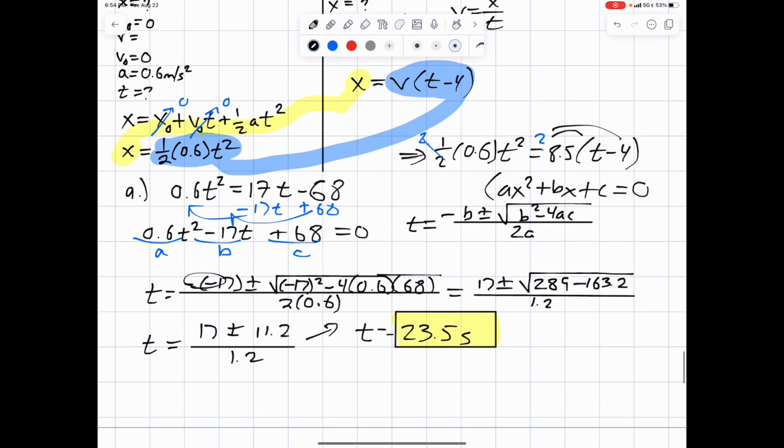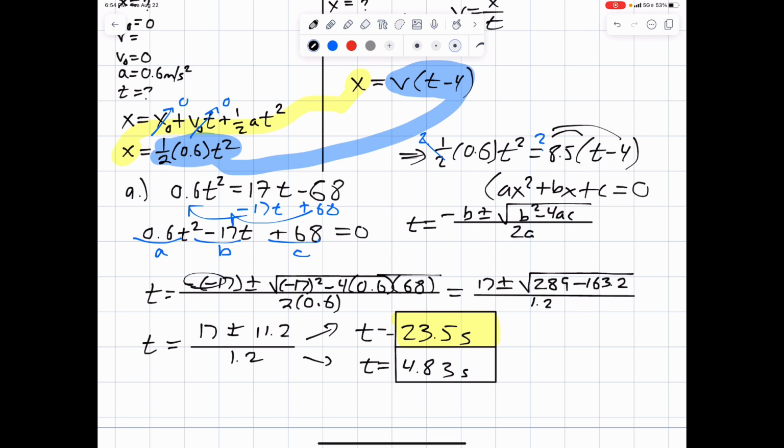The other answer is the minus. So 17 minus 11.2 equals 5.8. Divide that by 1.2, and you get t equals 4.83 seconds. Now that's the one that's actually more likely.